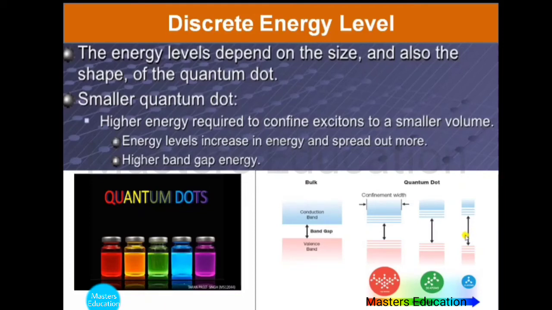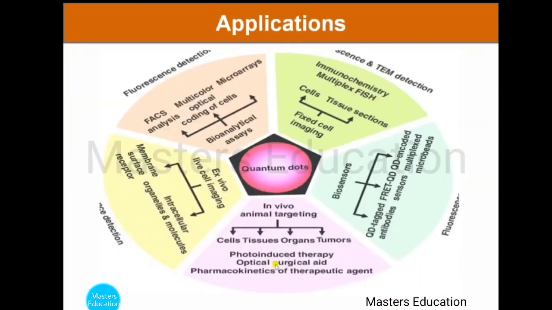The color of the smallest quantum dot, if we see this figure, is violet, and the largest quantum dot releases red color. Next, moving toward the applications of quantum dots.